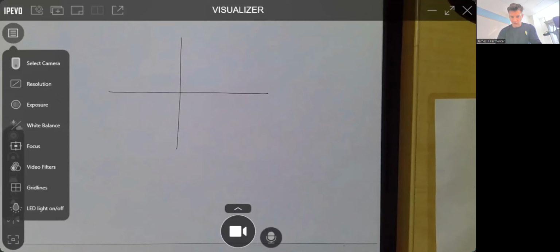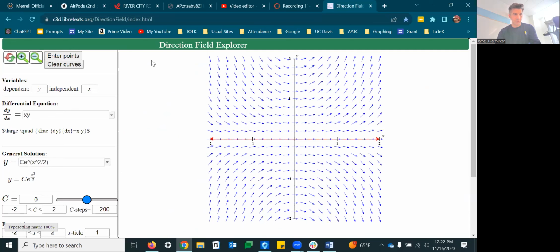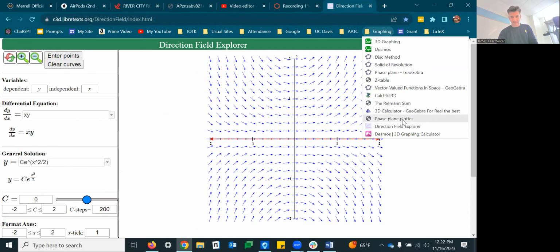Direction fields. Yeah, cool. Let me make sure that the people at home can see what I'm sharing. I should be sharing my whole screen, not just the visualizer. So if we put those equations in, that's not the right one. Sorry, I'm all over the place. I don't want the direction field explorer, I want the phase plane plotter.